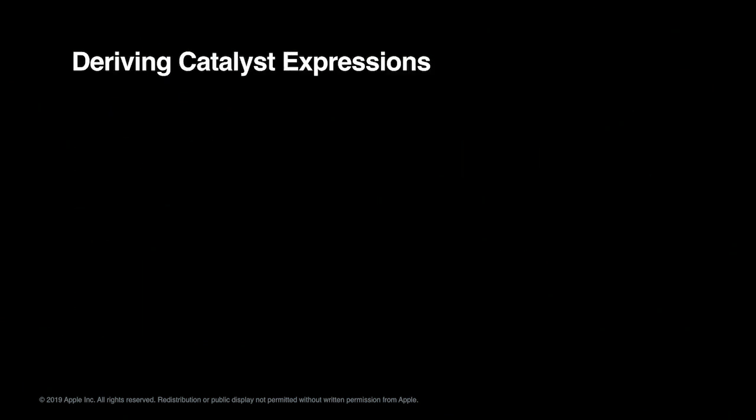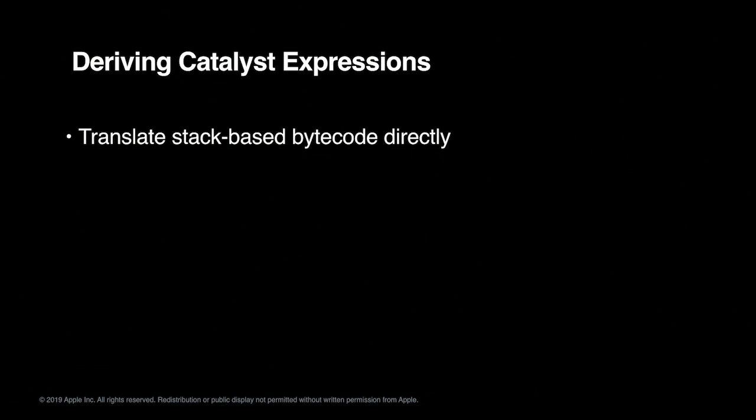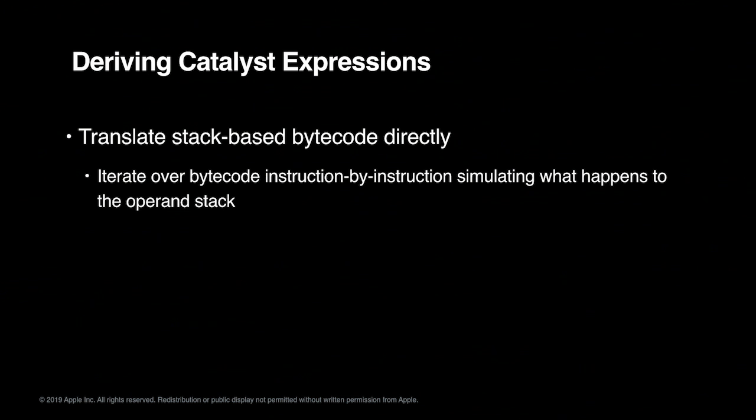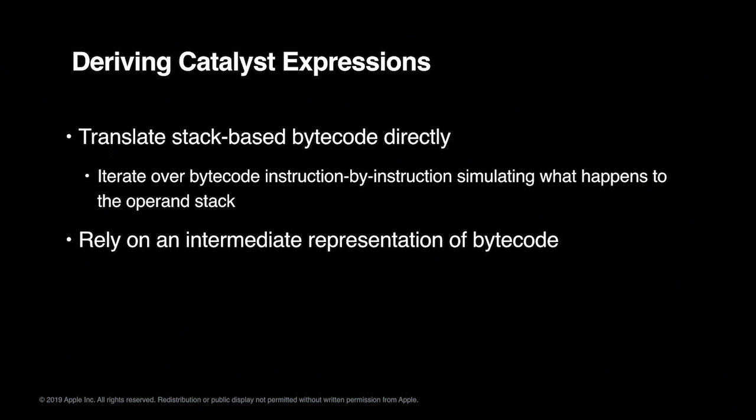And if we come back to Spark, then we have multiple approaches to derive Catalyst expressions. So first, you can translate the stack-based code directly, which means you will iterate instruction by instruction, simulate what happens to the operand stack, and this will give you the result. And this is exactly what we did just now. Another approach might be to convert your bytecode into a format that's easier to understand and easier to work with.